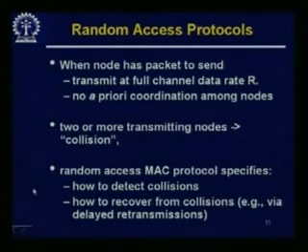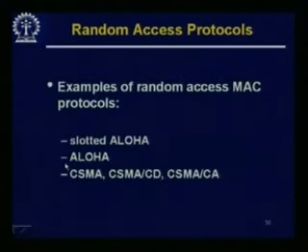These are the two parts of any random access MAC protocol. The satellite protocols called Aloha or slotted Aloha are the simplest kind of random access protocol. We will see other examples like CSMA, CSMA-CD, CSMA-CA later on.